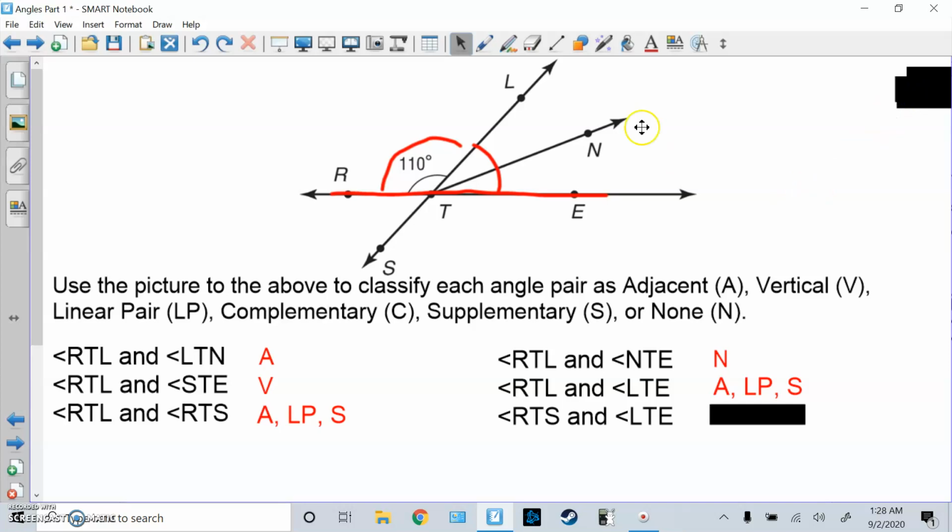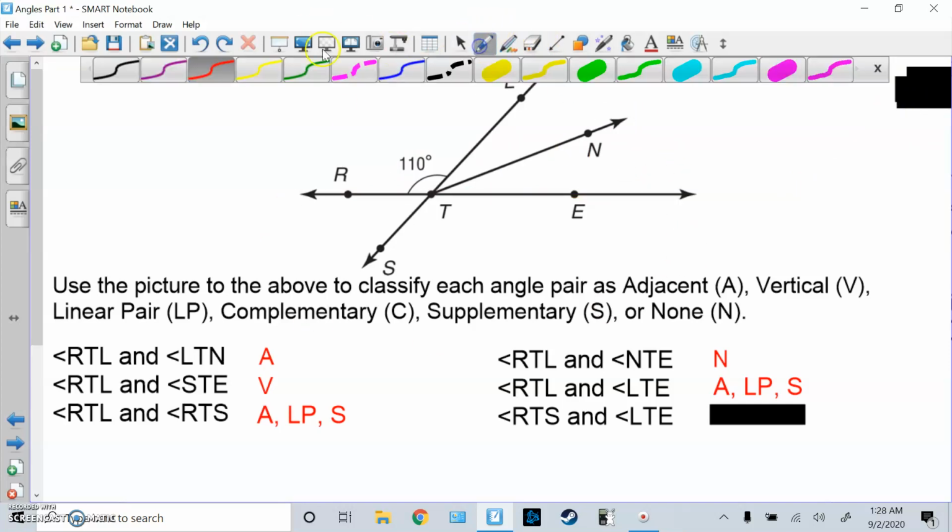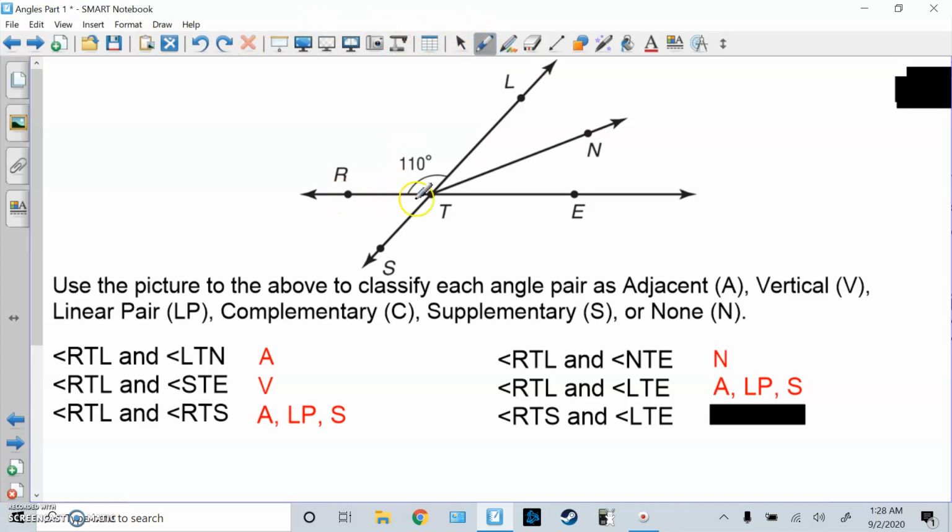So A, LP, S. And the last question, RTS, that's a different angle. RTS is right here. And then LTE. LTE is this. Notice these two are diagonally across from each other, and they make this perfect X right here, straight. So because they're across, I could color this if I wanted to. These are bow tie angles. These are vertical angles. And that's it.